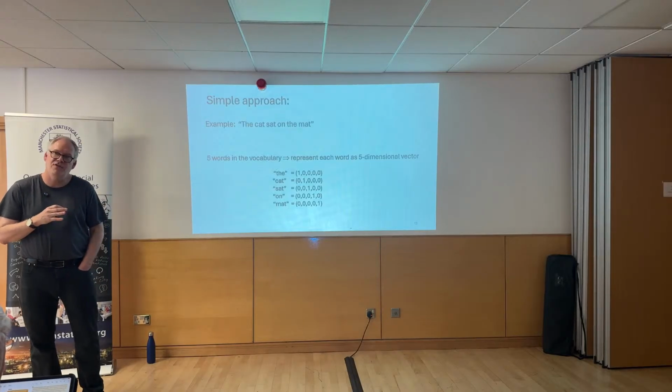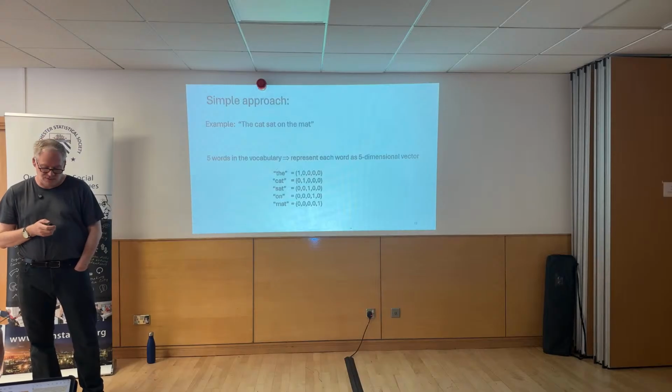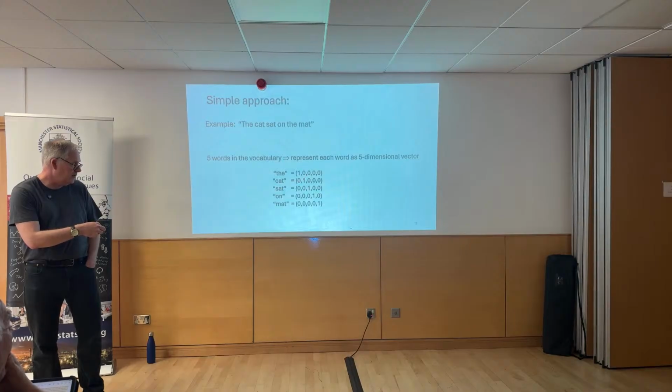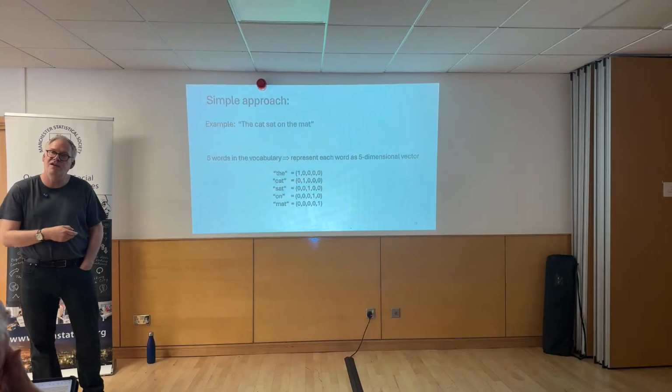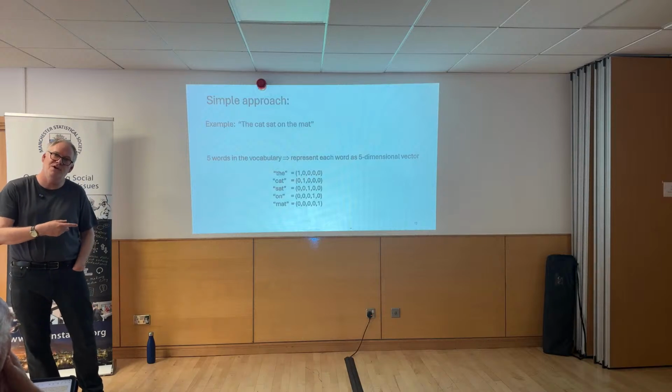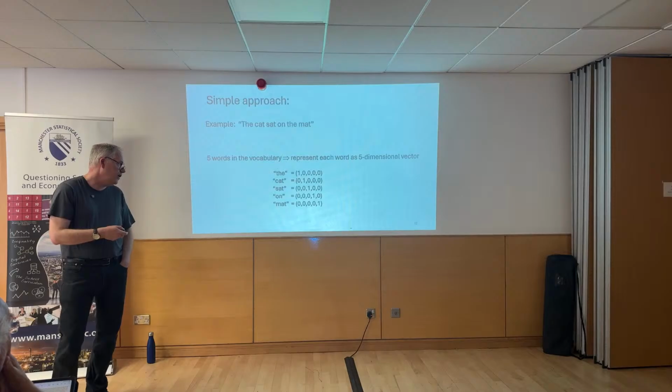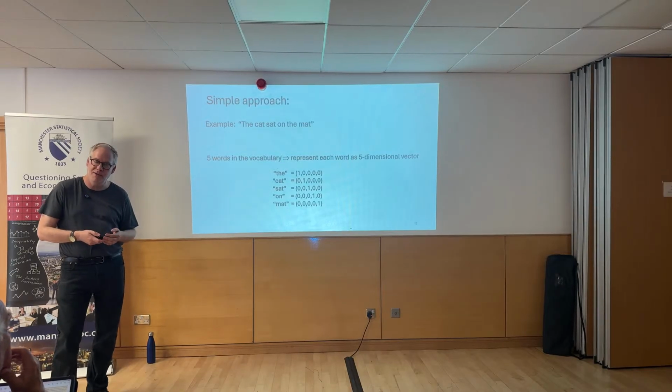And I can represent each of those words using a 5-dimensional vector. So, for example, I could represent the word cat using the vector 0, 1, 0, 0, 0. And the 1 there is essentially telling me that cat is the second word in my vocabulary. Okay, so I've got a very simple way of numerically representing the words in my vocabulary.